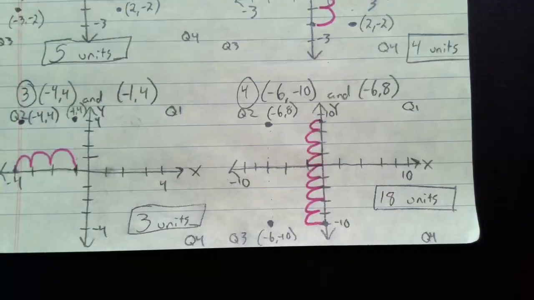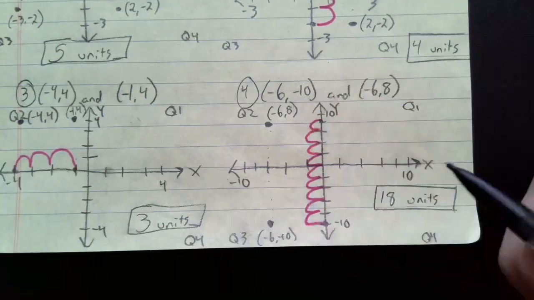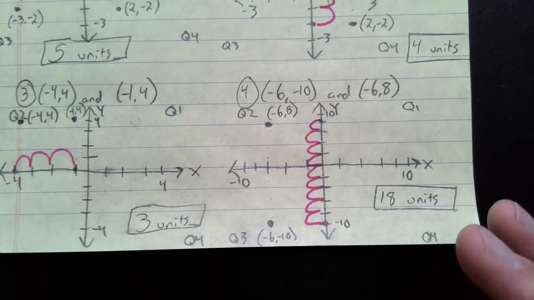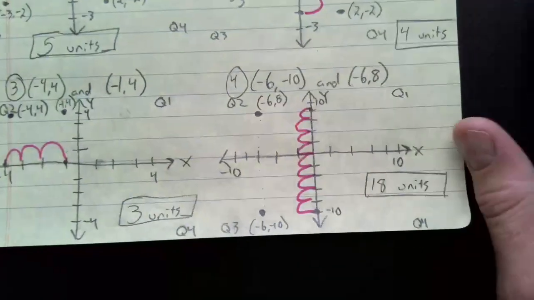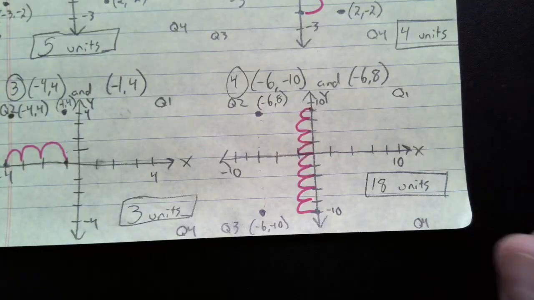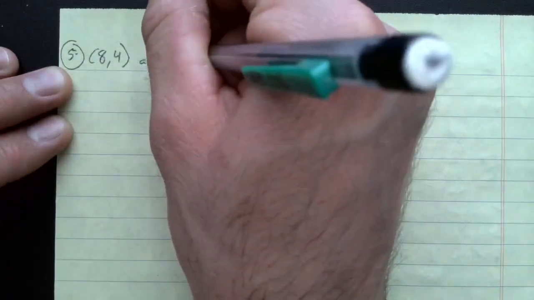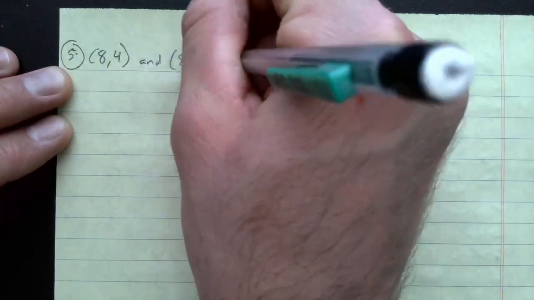That's it. So keeping your jumps nice and neat, labeling, and having all quadrants labeled will help you get that correct answer. We'll try numbers 5, 6, and 7 on your own. Number 5 is (8, 4) and (8, -8).